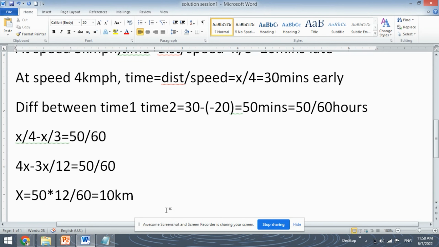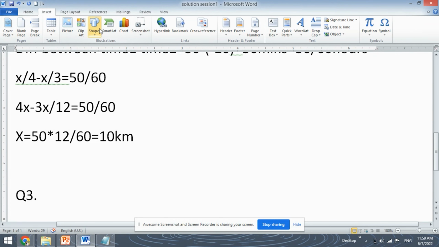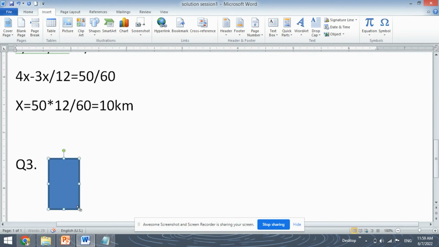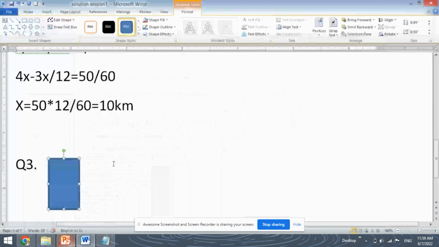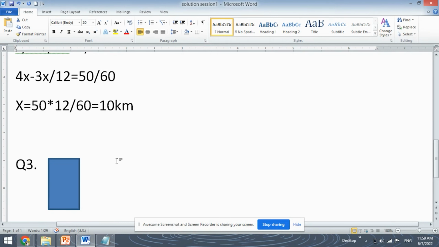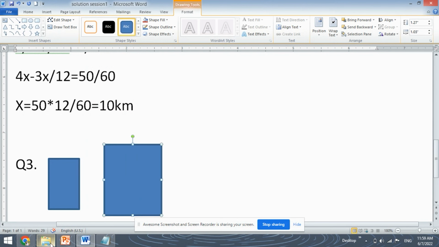So let's first understand this question. This is question 3, and you have 3 beakers. This is the first beaker, 250 ml. The next beaker is of size 650 ml. This is the second beaker.